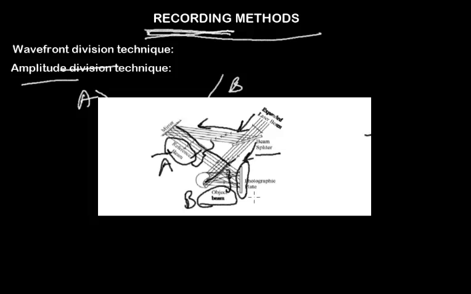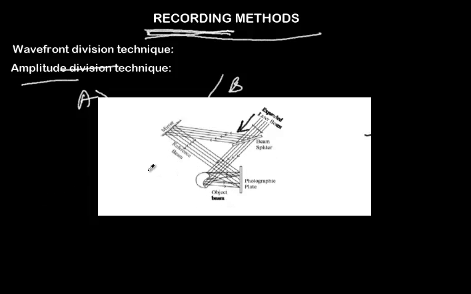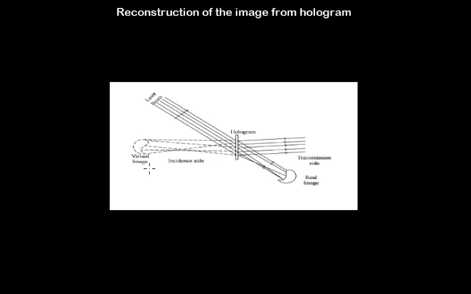Now we have to reconstruct that pattern from the photographic plate with the help of the reconstruction process. If we closely have a look at this diagram, this is the laser beam, this is the hologram, and the laser beam is striking the hologram.